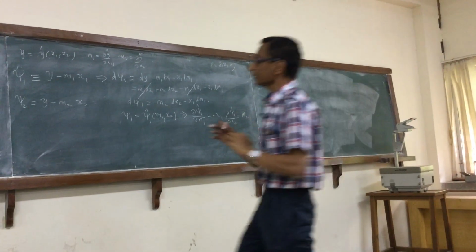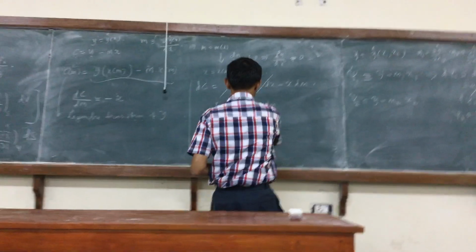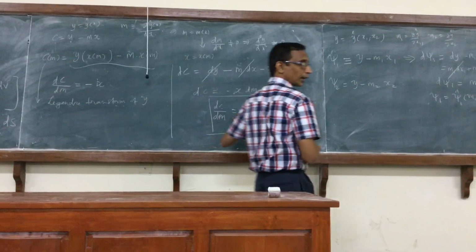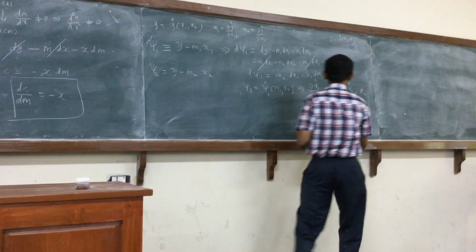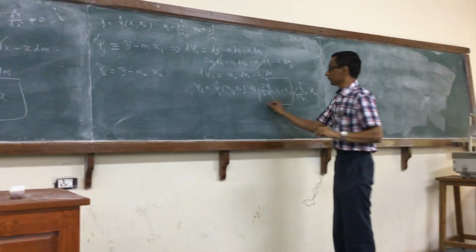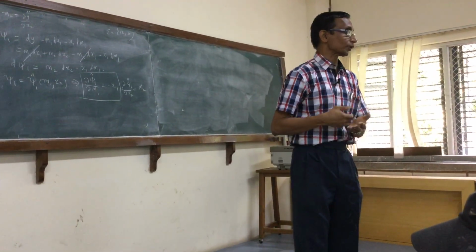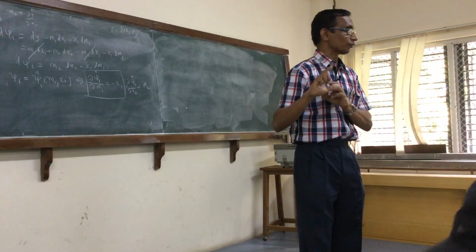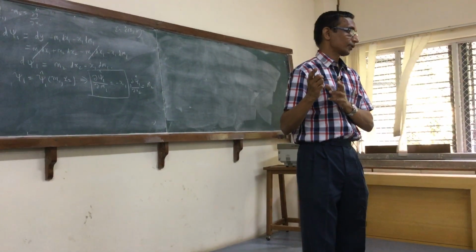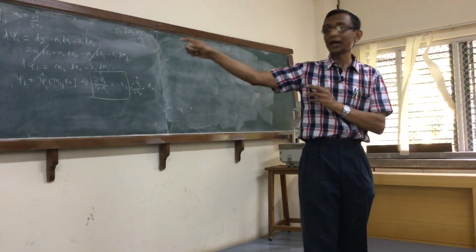And you can see also the formula that corresponds to this is clearly this, very similar. So the derivative of the new function with respect to the new variable is simply negative of the variable that is eliminated, just as we have there.